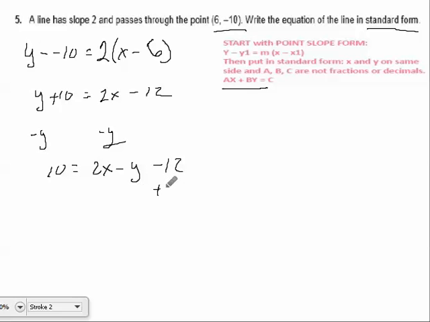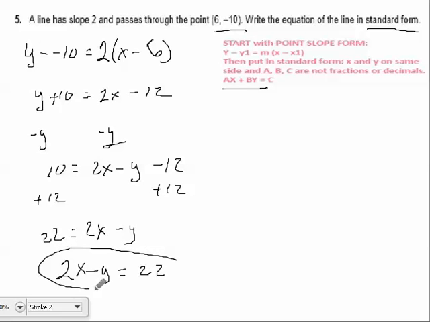Well, I'm going to add the 12 to both sides of the equation, and I'm going to get 22 is equal to 2x minus y. I'm going to use the commutative property to actually switch the order of these two things around. 2x minus y equals 22. And there's my standard form.